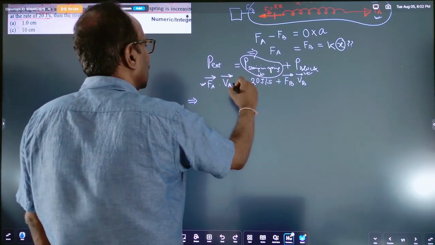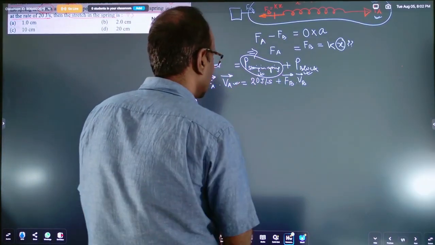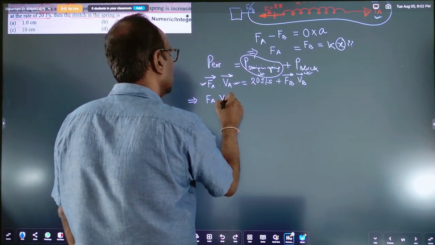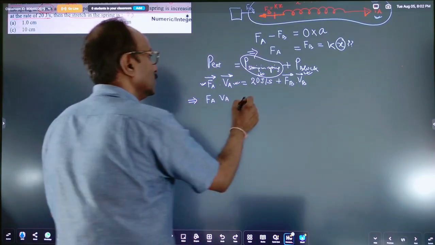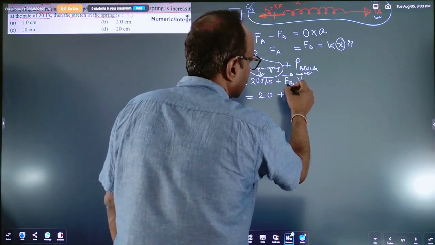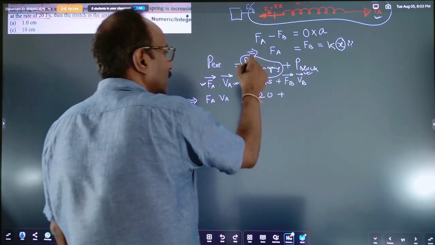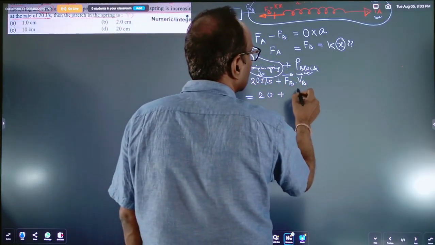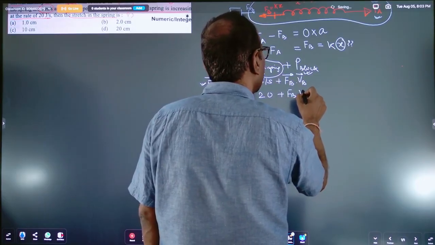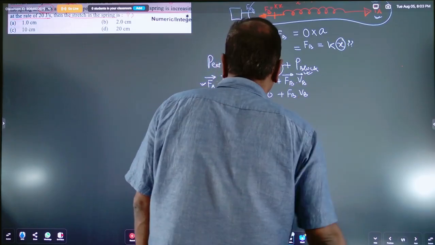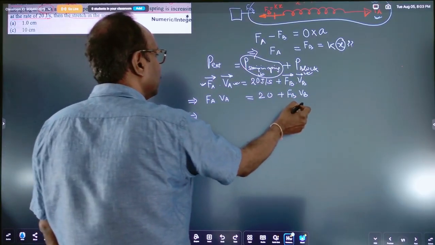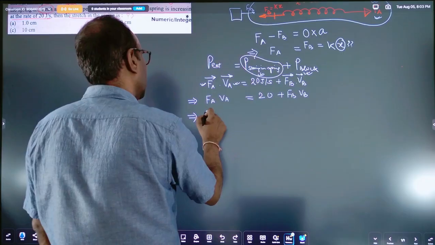This force and the velocity are in the same direction, so we can write this as FA VA cos 0 degree, that is 1, plus 20. The force at B on the block and VB are in the same direction, so we can write FB VB cos 0, which is 1. Bring FB VB to the left hand side.